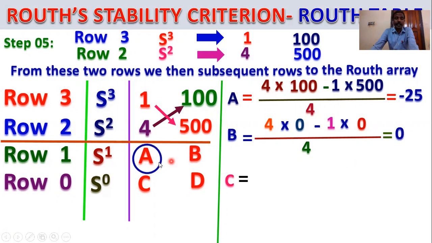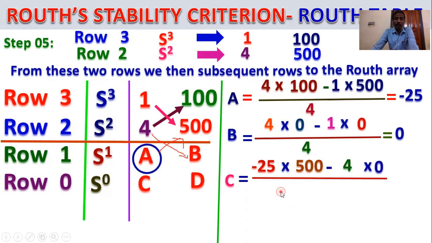Then C. C equals A into 500 minus 4 into B, where A is minus 25 and B is 0, divided by minus 25. The minus 25 cancels out, and C is 500 only.